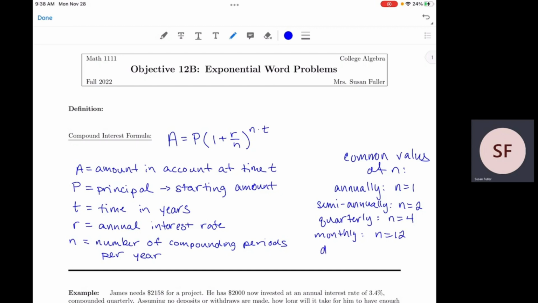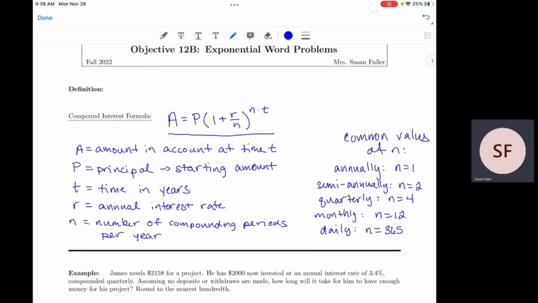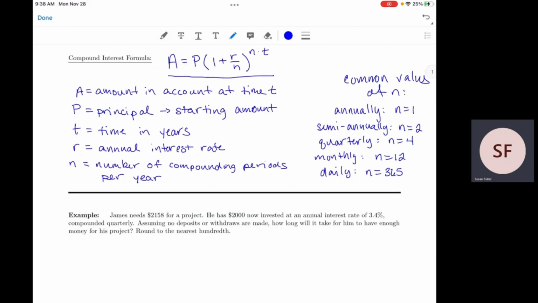And finally, if something is compounded daily, that means there are 365 compounding periods per year. So these are some common values of N. All of that goes together to create our compound interest formula here. It's kind of big and complicated, but I promise it's going to be doable. So let's practice how to set all of this up.